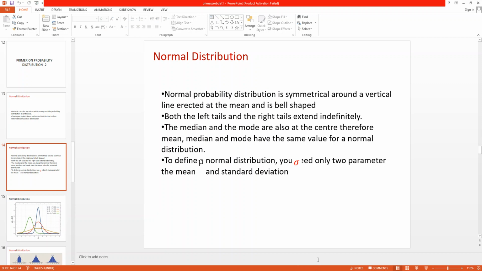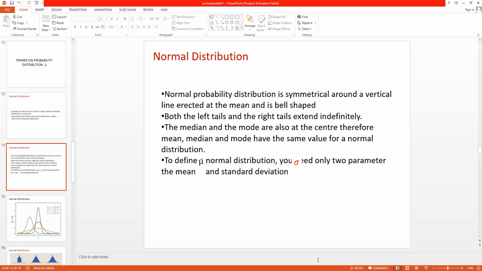So, what does the normal distribution look like? It's symmetrical around the vertical line, which is the mean, and it is bell shaped. Both the left and the right hand tails extend indefinitely, and the median and the mode are also at the center.